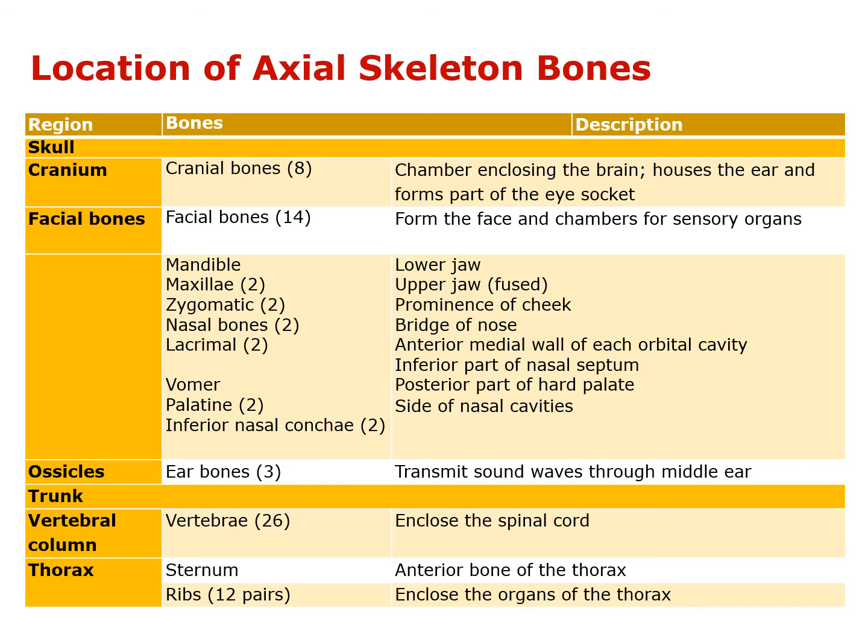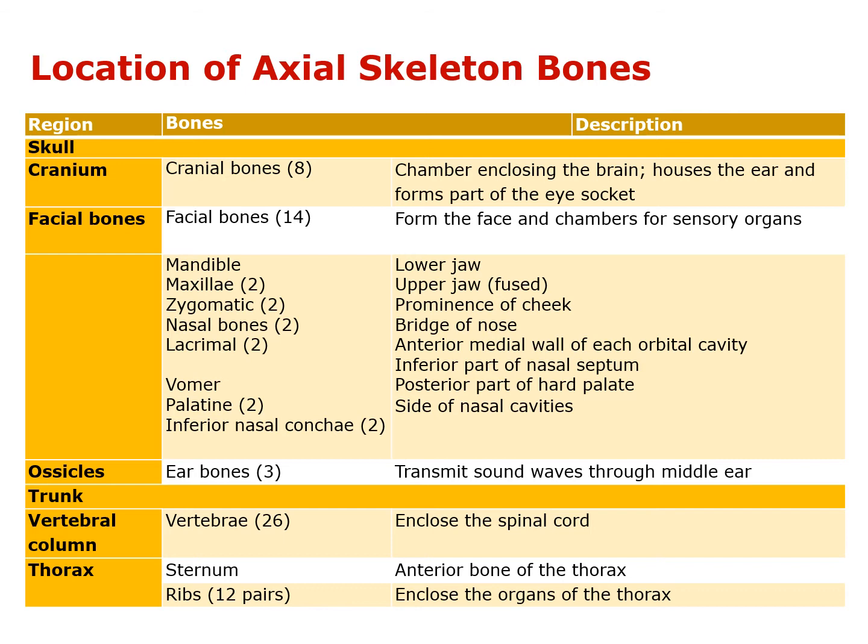The facial bones are your mandible, which is your lower jaw, your maxilla, which is your upper jaw. There are 2 maxilla, but they're fused together right in the center. Okay. Your zygomatic bones are your cheekbones. Your nasal bones form the bridge of the nose.